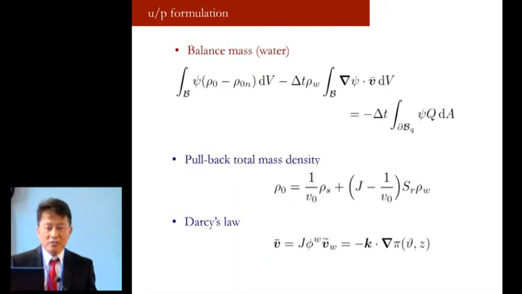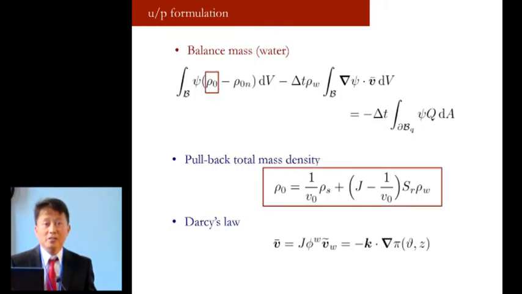Next, we consider the balance of water mass, recalling once again that we assumed in the first place that the air pressure is equal to 0. So we only need to consider the balance of mass for the water phase. And this is the variational equation in time-integrated form. First of all, rho sub 0 here has already been determined to be a function of the solid phase motion and the pore water pressure.